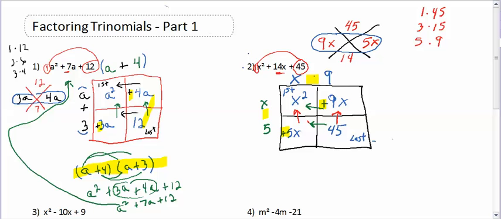So the 9 is positive, so it becomes a plus. The 5 is positive, so it becomes a plus. So my answer is, and I'll put my parentheses around them, x plus 9 and x plus 5.